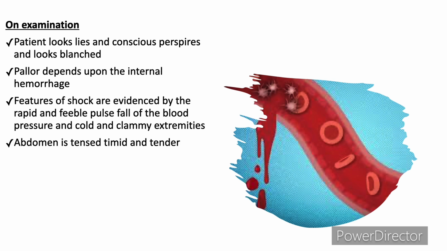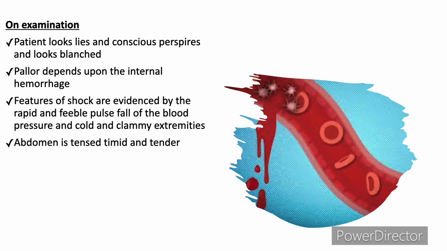On examination, the general look is diagnostic of acute ectopic. The patient lies quiet and conscious, perspires and looks blanched. Pallor is usually severe and depends on the amount of internal hemorrhage and is significantly out of proportion to visible vaginal bleeding if any.